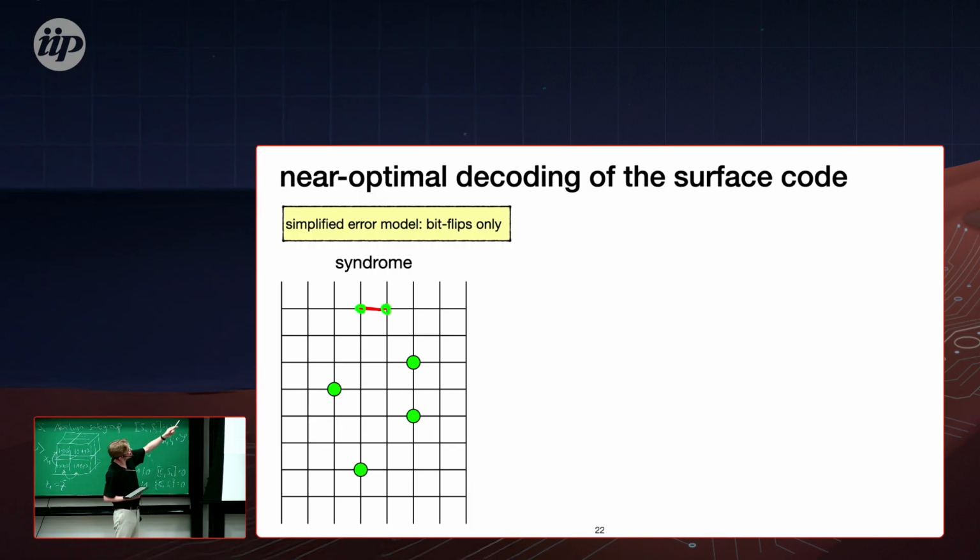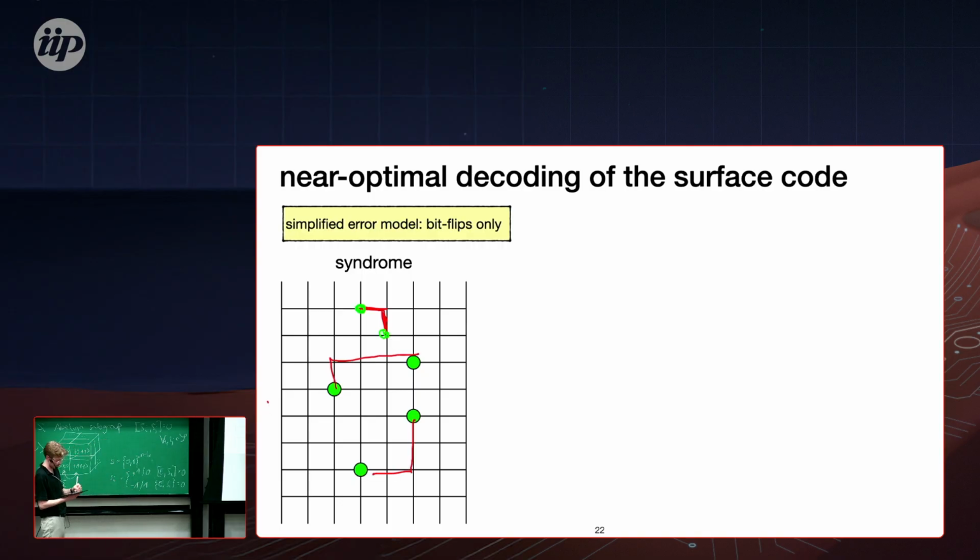So if we take this example up there and we add one error, then we will always have the syndromes on the endpoints of this error. So we could, for example, just assume that there has been some error here like this and some error here on these edges like this.